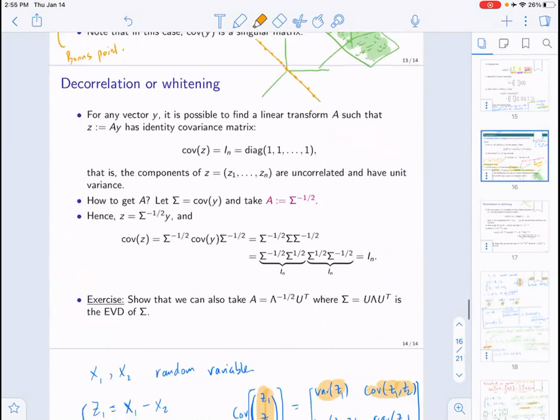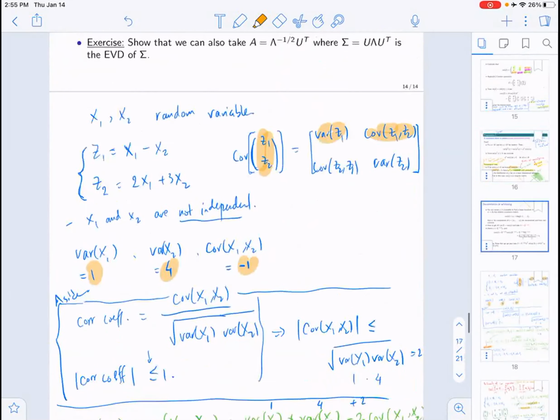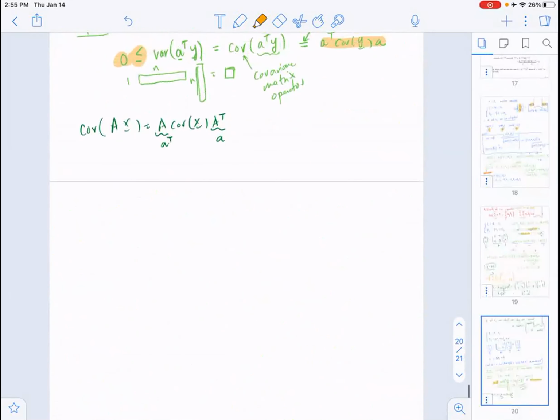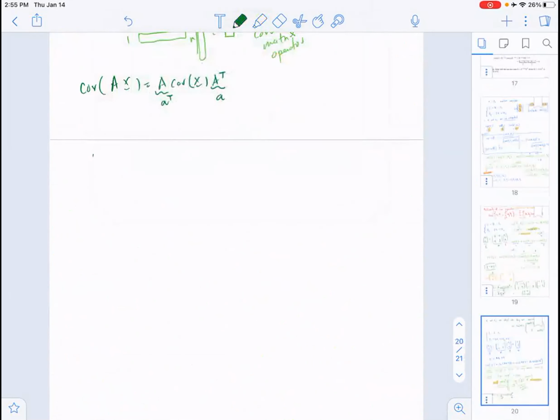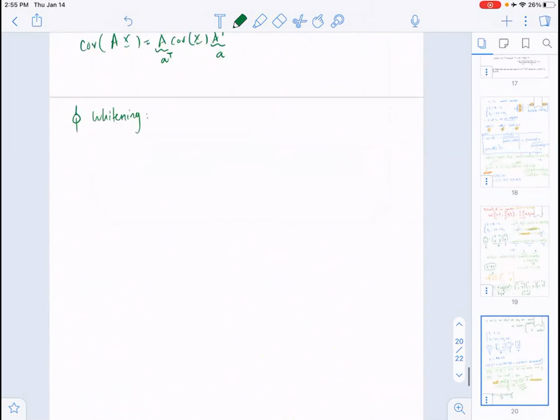Okay. So now we want to do decorrelation or whitening. This is the last topic they want to do, and then we're going to move on to the multivariate normal distribution. So the idea is that I can use a transformation. Whitening. So we have X with covariance being sigma.